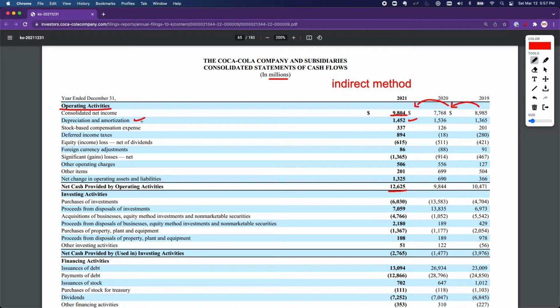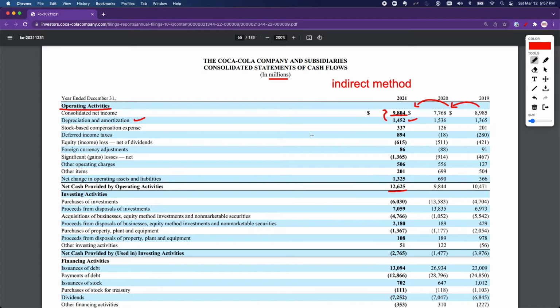Assets depreciate over time, but what we do here is that we add it back to the net income, because remember that we're looking at cash flows here, and in reality, for depreciation and amortization, there is no real outflow. Okay, so cash is not leaving the business, so we add this figure back to the net income.